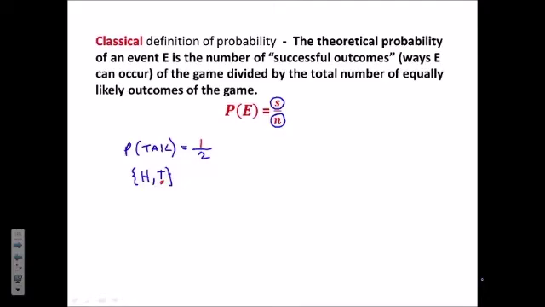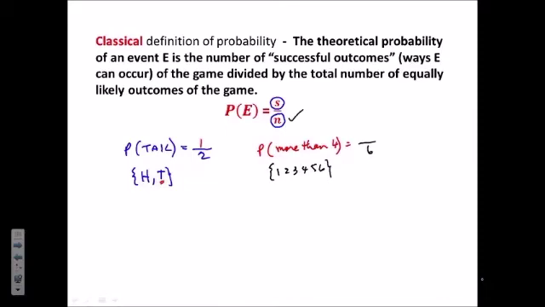Suppose we roll a die and we say, what's the probability you get more than 4 when you roll a die? Well, when you roll a die, what are the possible outcomes? 1, 2, 3, 4, 5, 6. There are 6 possible outcomes, so n is 6.